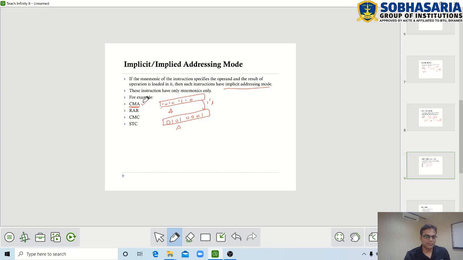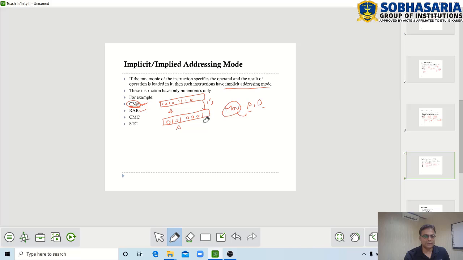Such instructions have implicit addressing mode, where we do not specify any operand, or we can say the operand is available in the mnemonic itself, unlike the instruction MOV A, B, where the operands are written after the mnemonic. Here we are only writing the mnemonic, and the register or operand which is participating is written implicitly. Such instructions are called implicit addressing mode, because the operand is implicitly written in the mnemonic itself.